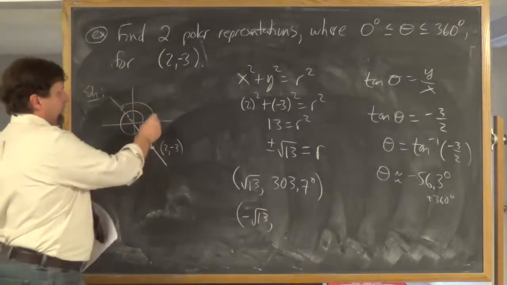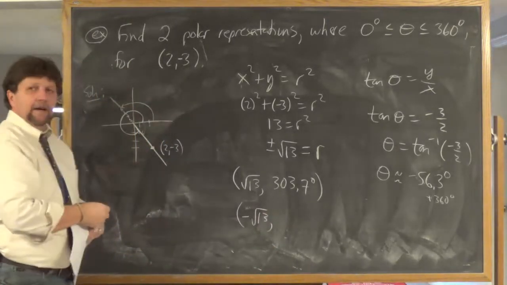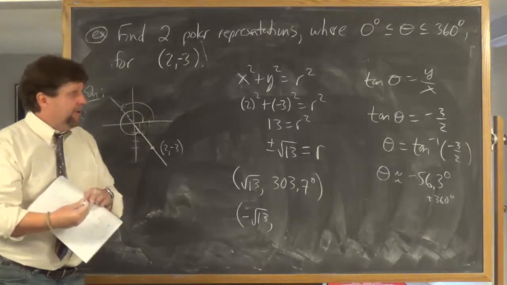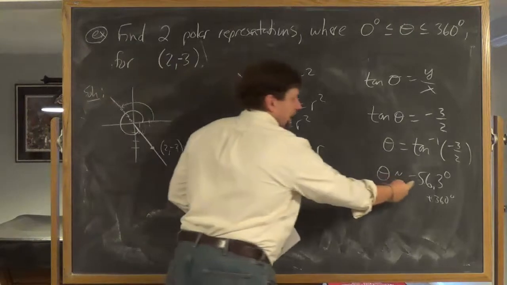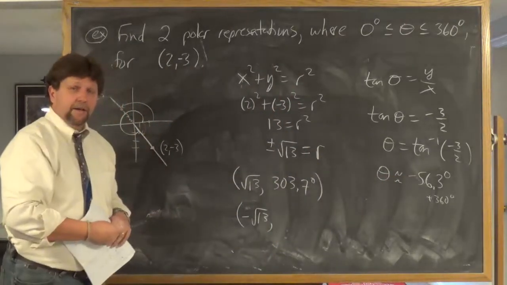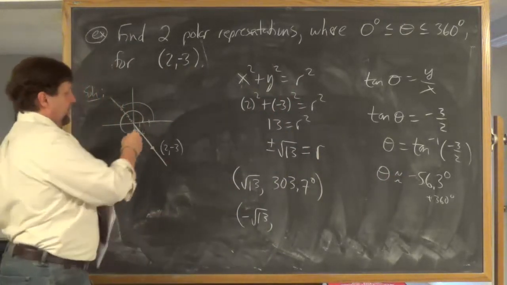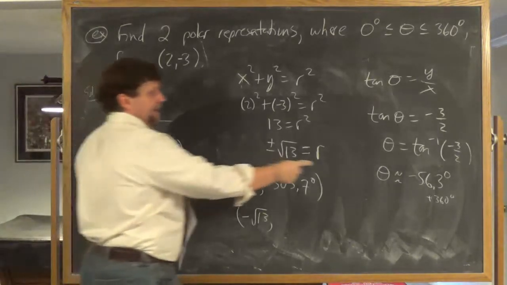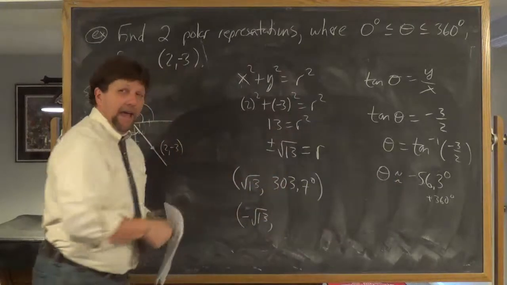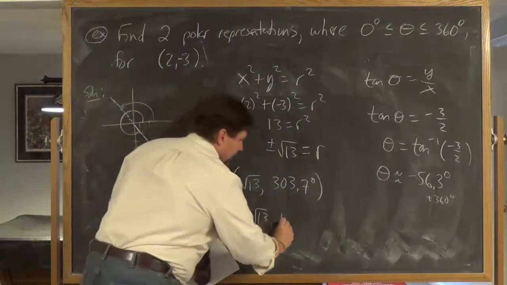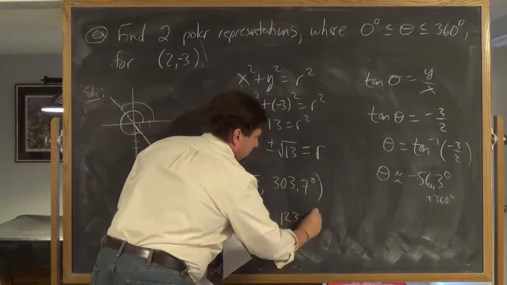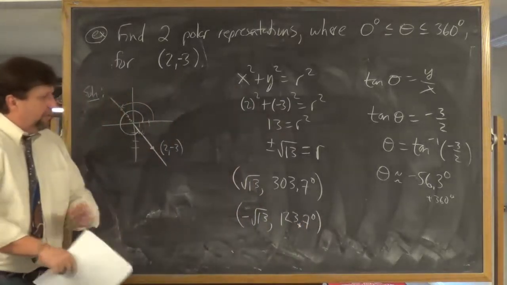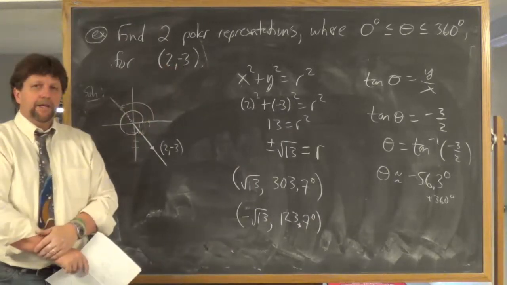Now how am I going to figure out this angle measurement? Quite simply, I'd take this negative 56.3, and just like I did in the last example, I would add 180 to it. So negative 56.3 plus 180 gives 123.7 degrees. And there would be the two polar representations for this point.